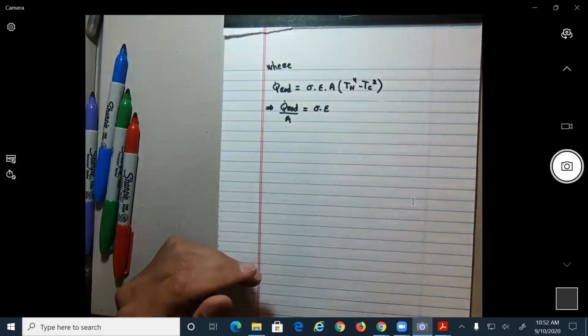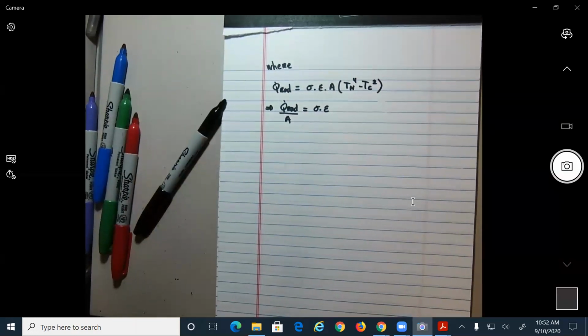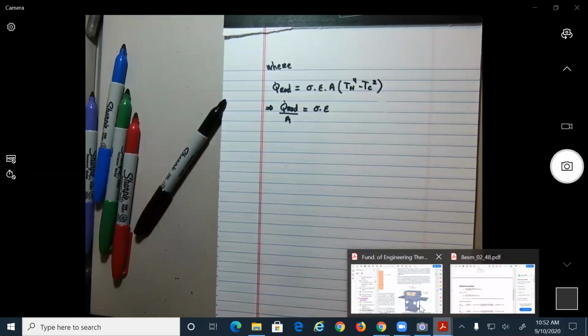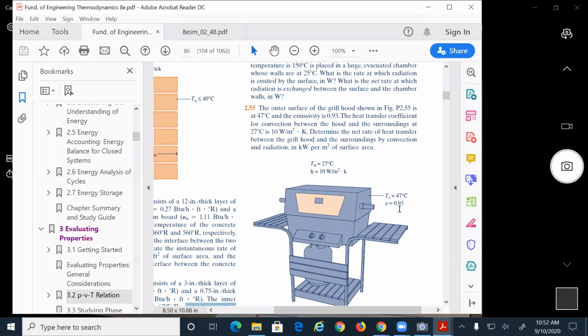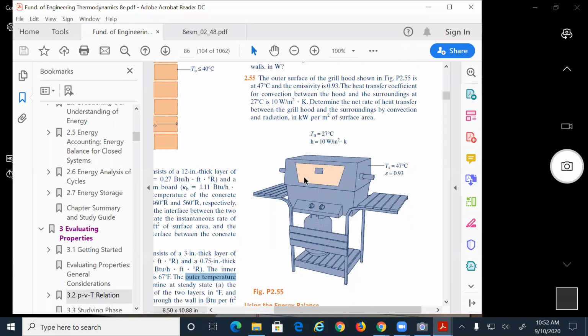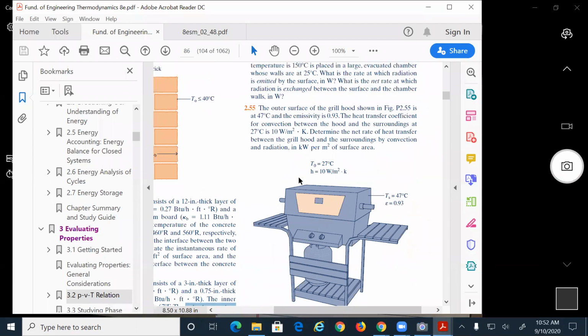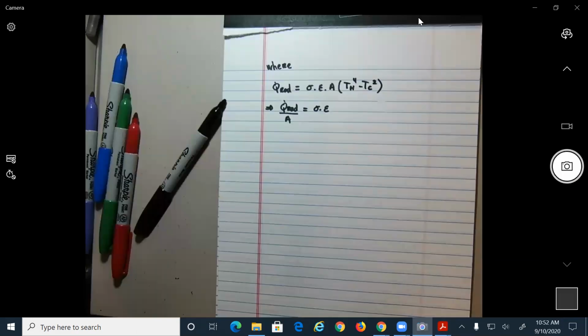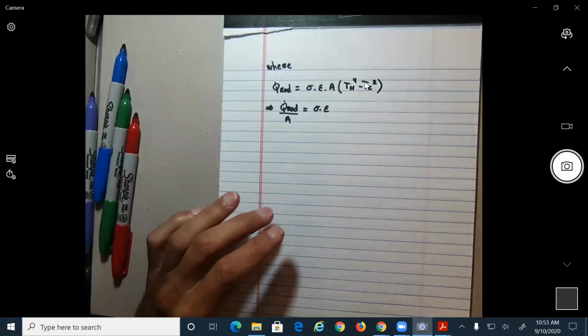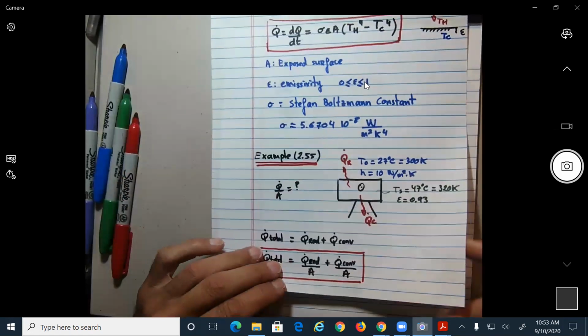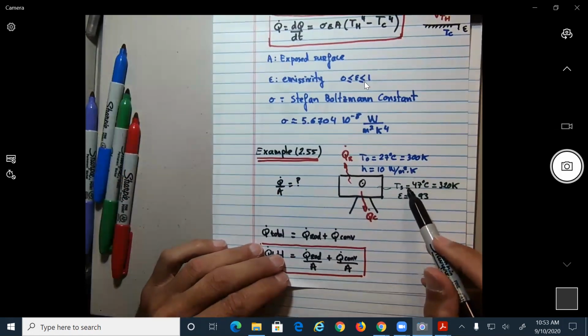Okay, let me see if we forgot something from the problem statement, the temperature. I don't think so, but let's check. Because that's not very hot. That's what I'm saying. 47 degrees Celsius is not that hot. Okay, that's fine. So over here, you'll be losing heat between what and what? You are losing heat between the hot surface, which is 47, no?